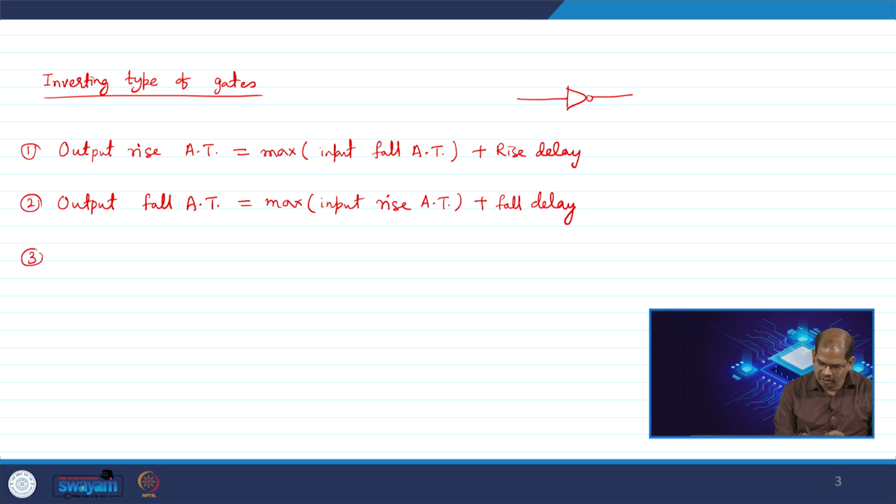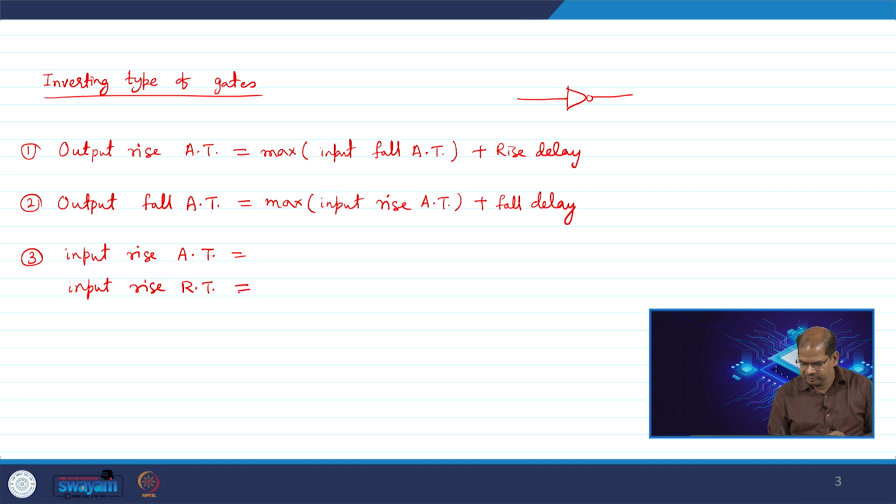Then if I know the output arrival time, how can I find the input arrival time? In this case I have to find the input rise arrival time. Since I am finding the slack, I can also write this as input rise required time.